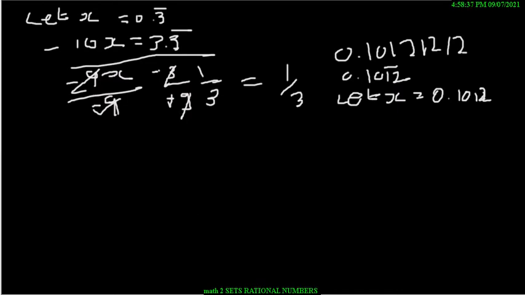That means our x will have to be multiplied by 10,000. This means 10,000x is equal to 1012.12 bar.